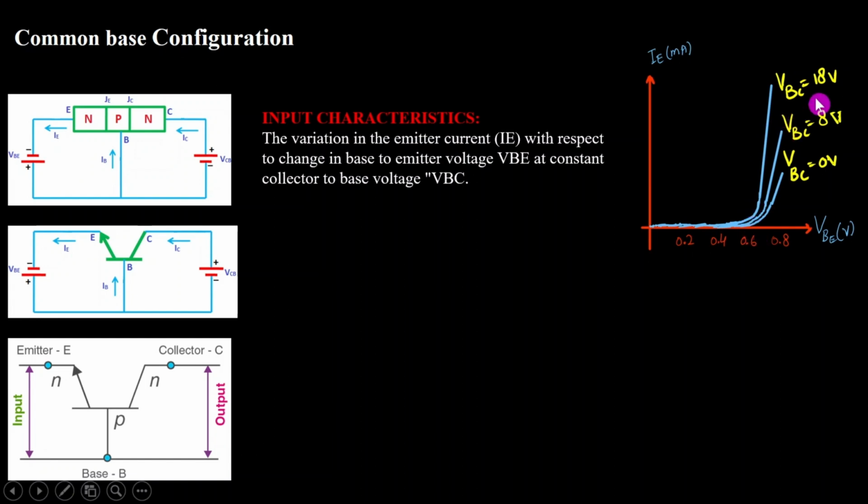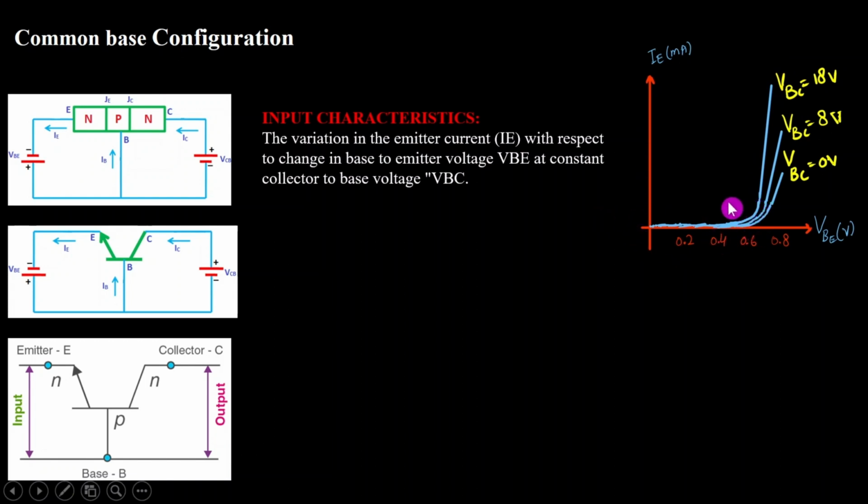And again for 18 volt, if we take the VCB as 18 volt, and if we change this VBE, the current will change, and that behavior is given by this graph.